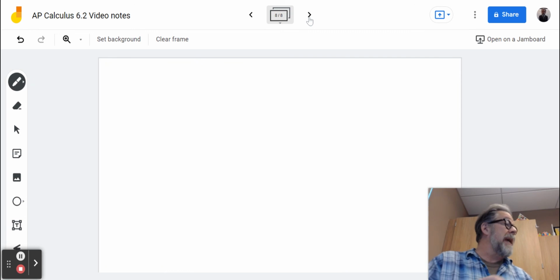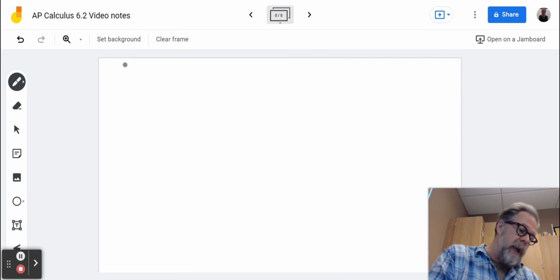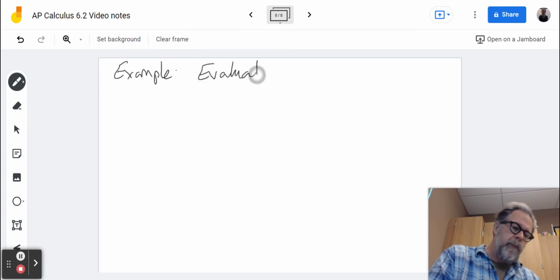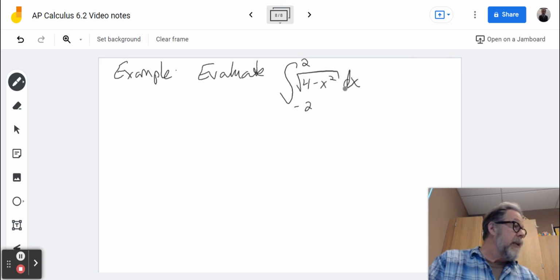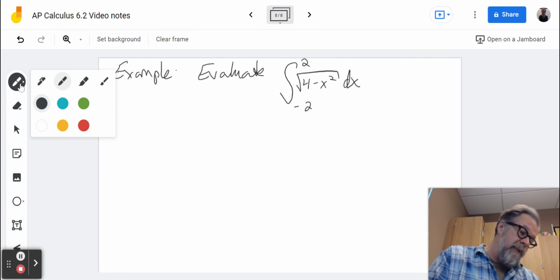So let's look at the second example, which is to evaluate a particular integral. I'm going to look at the integral from -2 to +2 of the square root of 4 minus x squared dx. So again, let's think about what we've got here.